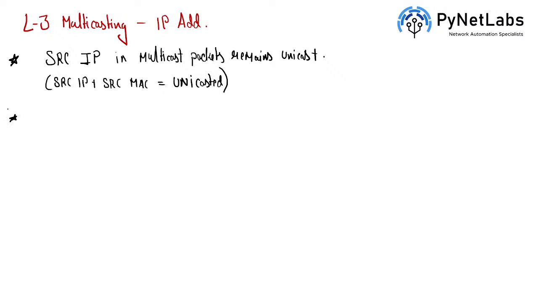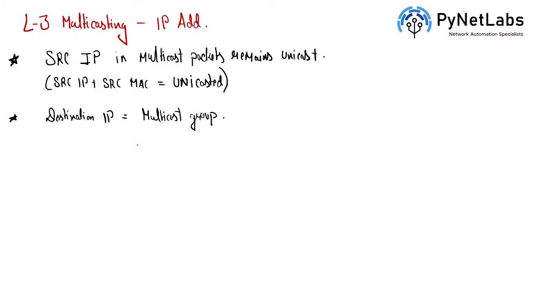And the destination IPs are represented as multicast groups. Destination IP is equal to multicast group, which I already told you previously. So this is known as your multicast group.